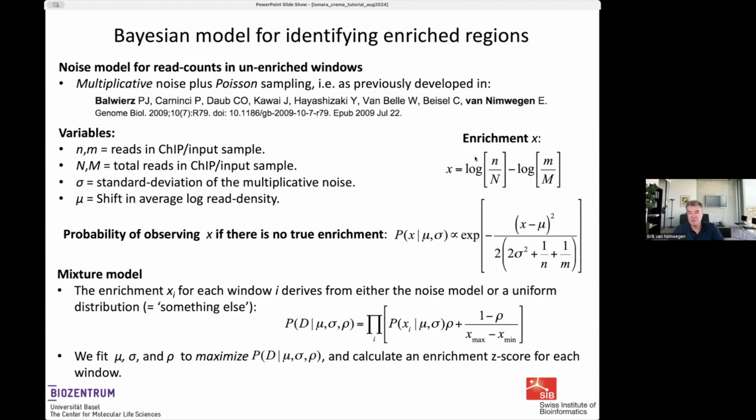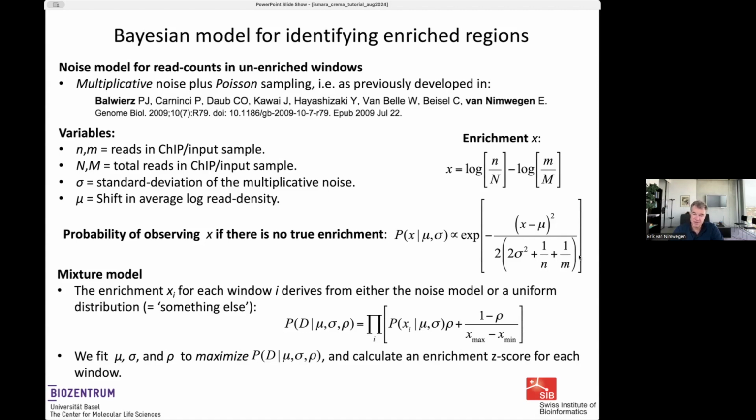Now we assume that for regions that are not enriched, so that don't have a true enrichment, this variable x should follow a distribution that is the convolution of a log normal and Poisson sampling.